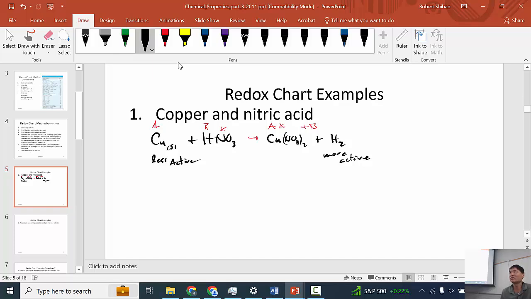I mean, the 10 grams of copper is like 5, 6, 7 pennies. 10 grams of hydrogen would cause an explosion. Copper is more safe. So that's less active. This is more active. Therefore, there's no reaction. But we can't say no reaction. This is no reaction for single replacement. There is a reaction here, and it's not single replacement. Do you know what the reaction is? But redox does occur.